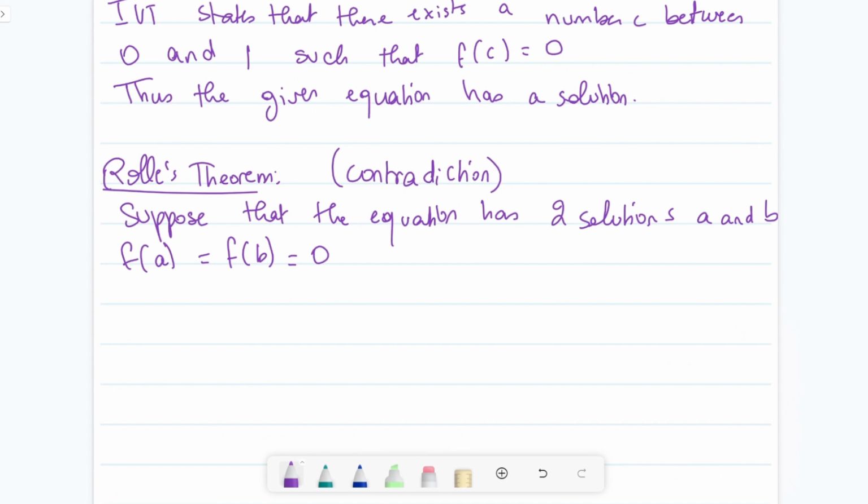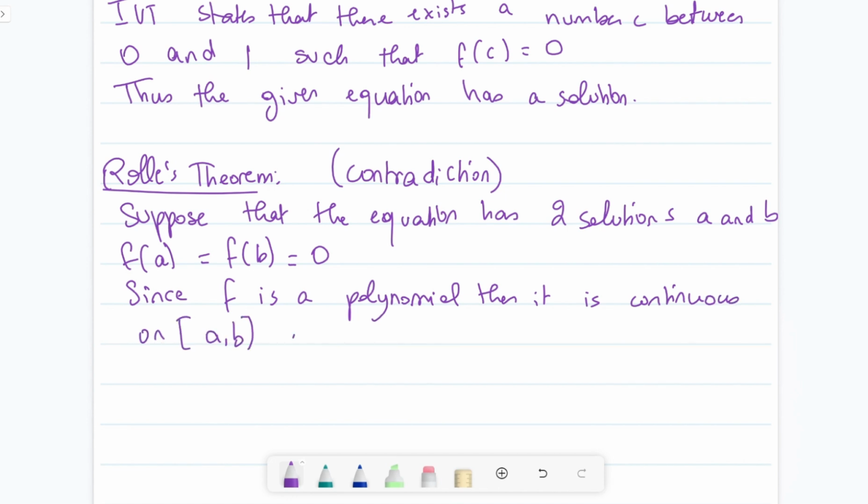And now we will say that it is continuous and differentiable for us to be able to apply Rolle's theorem. Since f is a polynomial, then it is continuous on the closed interval a, b and differentiable on the open interval a, b.